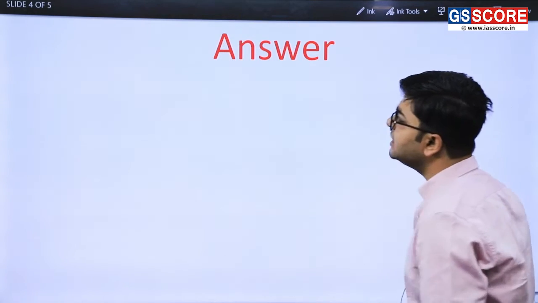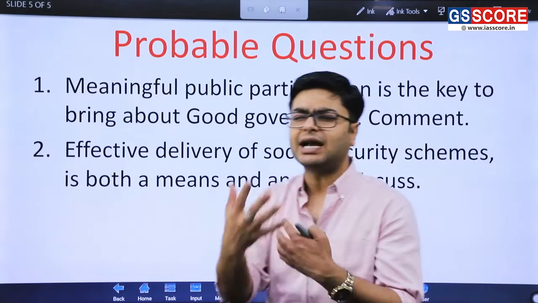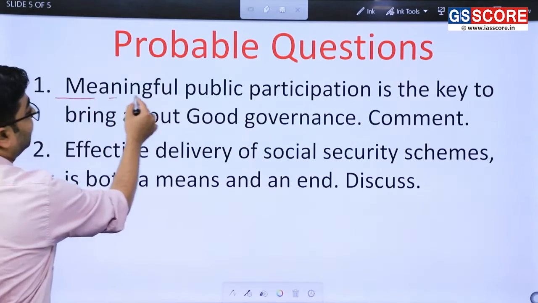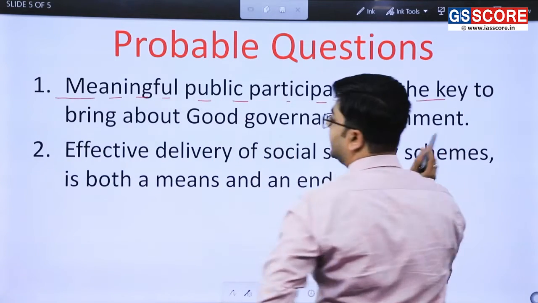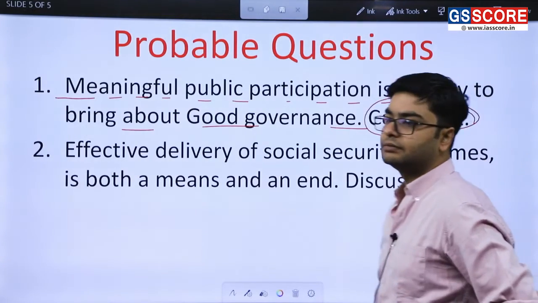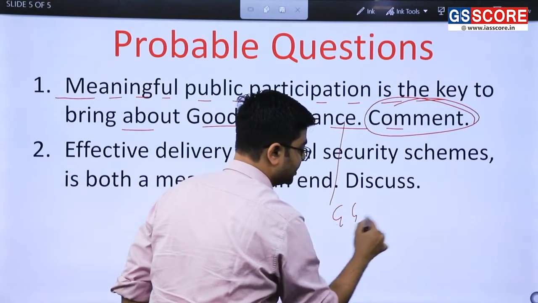Okay. Now, let us see some of the probable questions which can explore these arenas. Meaningful public participation is the key to bring about good governance. Comment. Again, the fundamental is good governance.